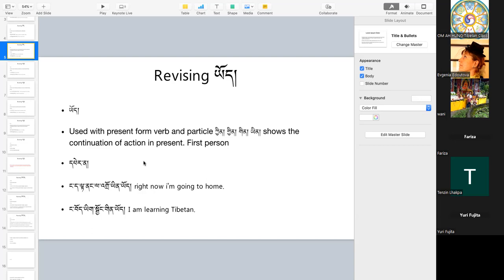So when we use these, what happens is that the verb, the action that has been done, the yö, what it does is that it confirms that the action is being done in the present, or it's still in the present tense. Continuation in the present tense. Continuation could be understood in two ways. One, that it's still going on right now, I'm doing it.